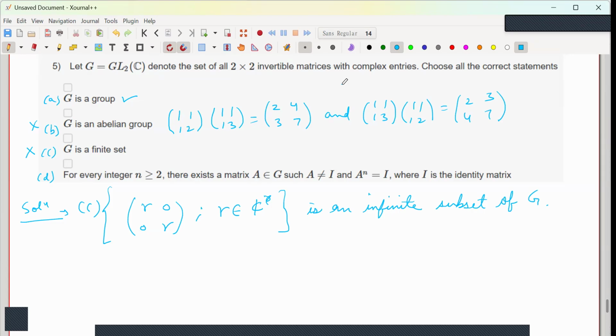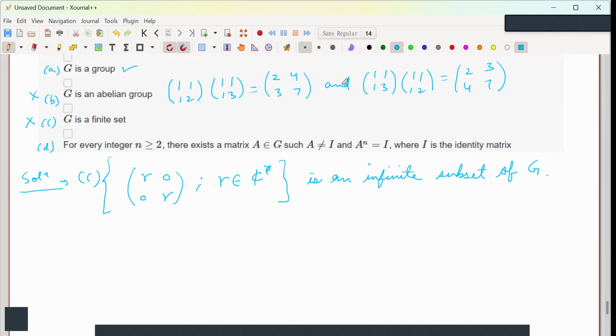For every integer n greater than 2, there exists a matrix A such that A is non-identity, but A to the n is identity, where I is the identity matrix. What about the D part? D is true. What is the matrix? It's the same as the identity, but the first element has the nth root of 1.